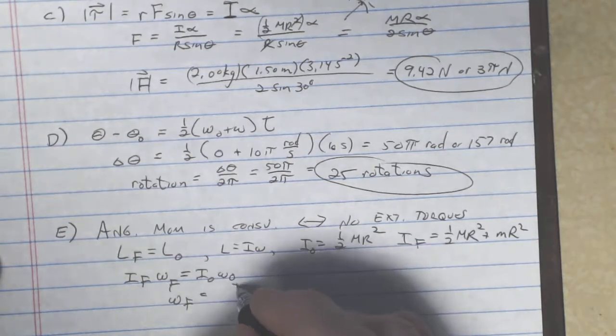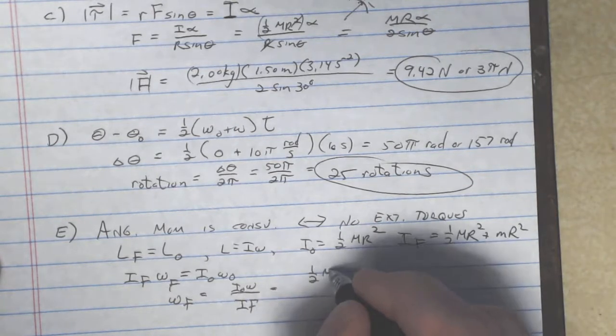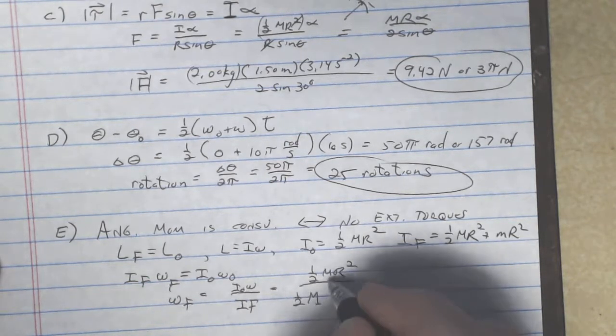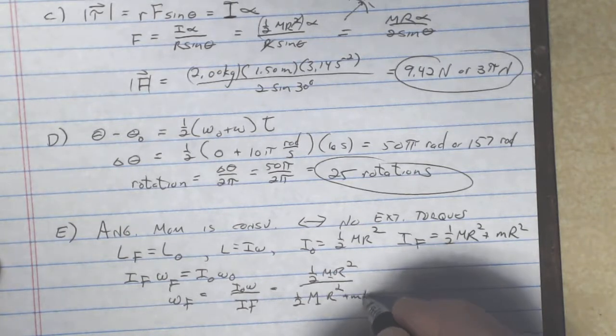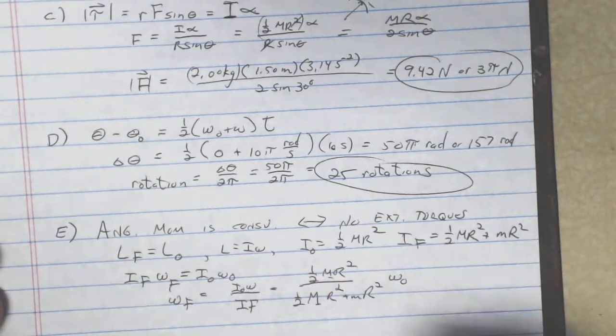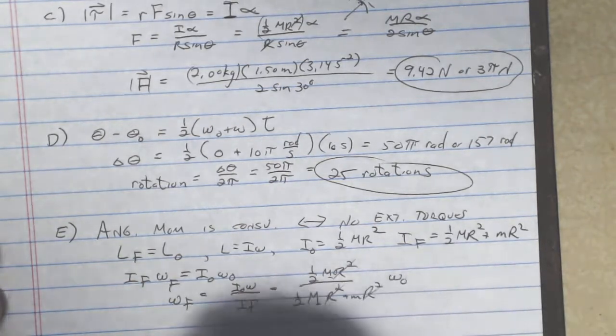Solve this for omega final. Omega final equals I naught omega naught over I final, with I naught equal 1/2 M r squared, and I final 1/2 M r squared plus little m r squared, all times omega naught. Simplifying this, first of all, let's just divide out all the r squareds. We don't need them anymore.